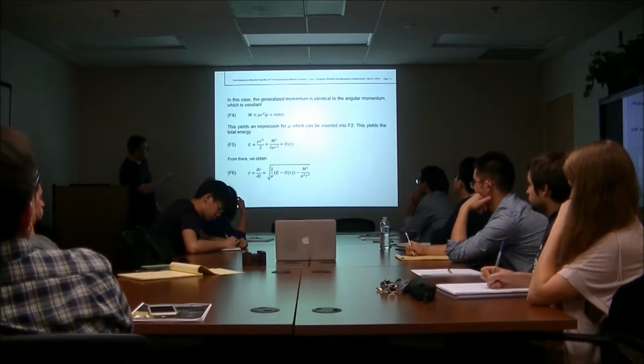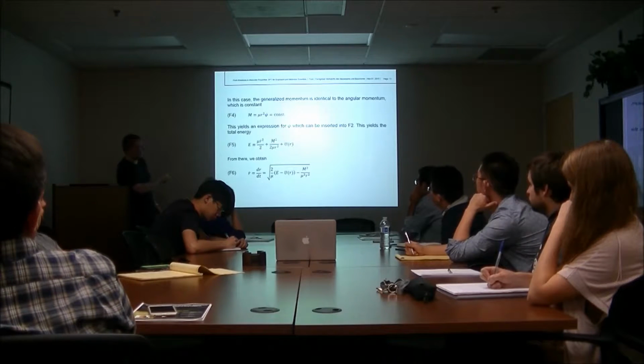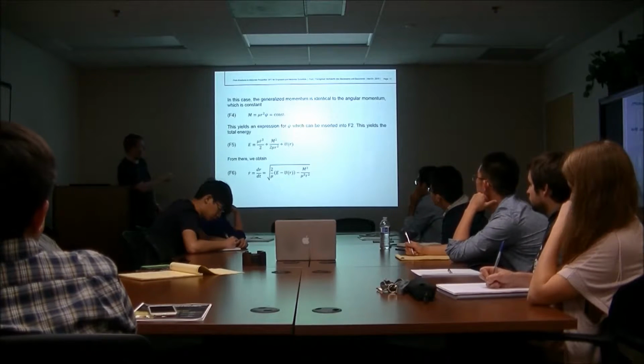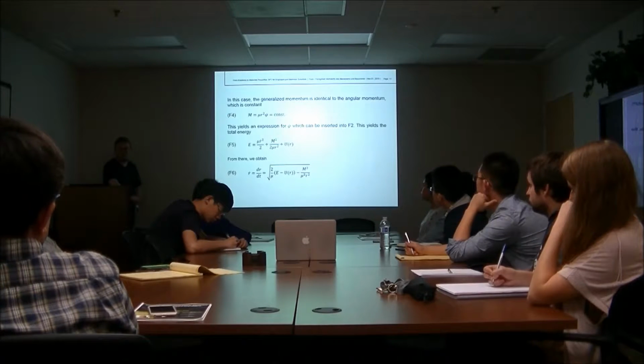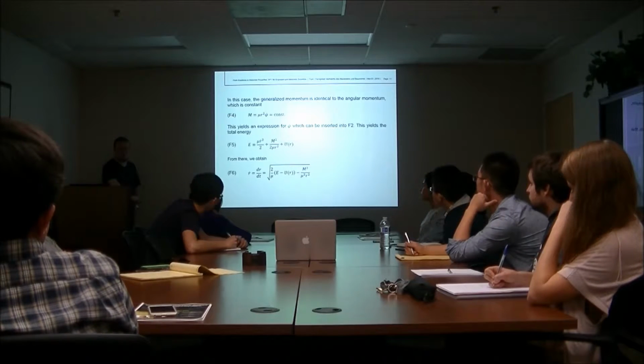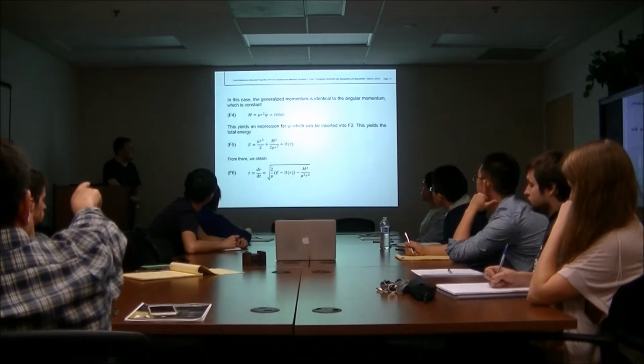So this was our original expression for T, and then we had minus U. For the total energy, we just need to change the sign of the potential energy, and we get the full expression.